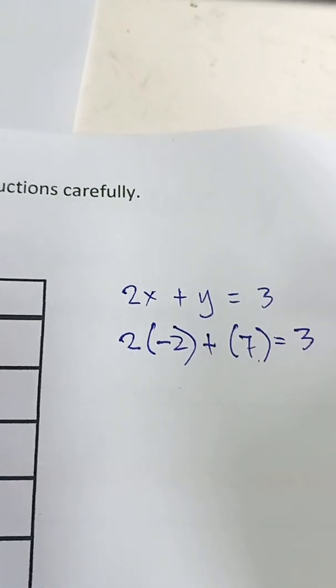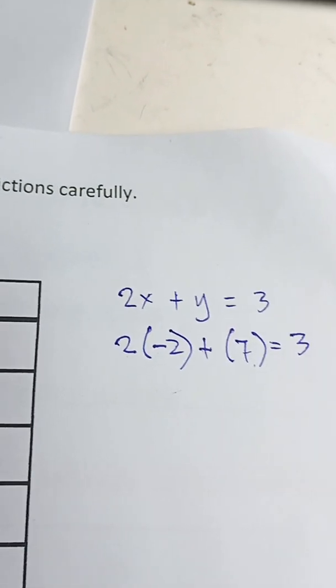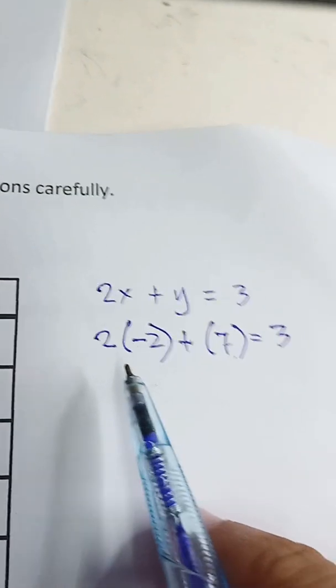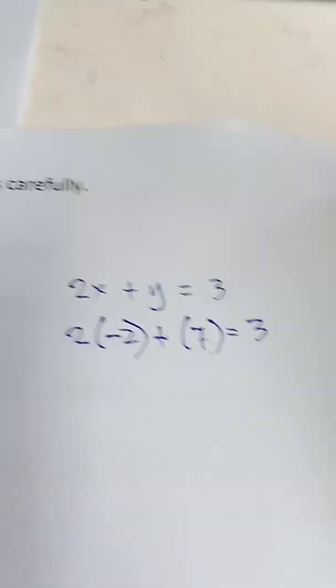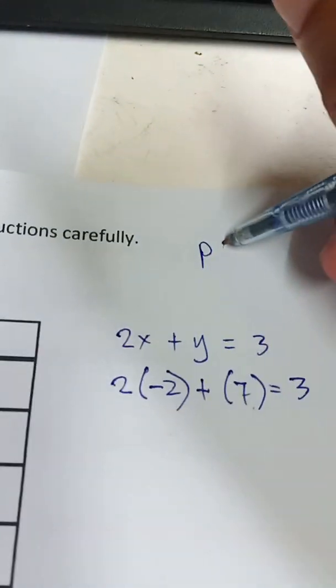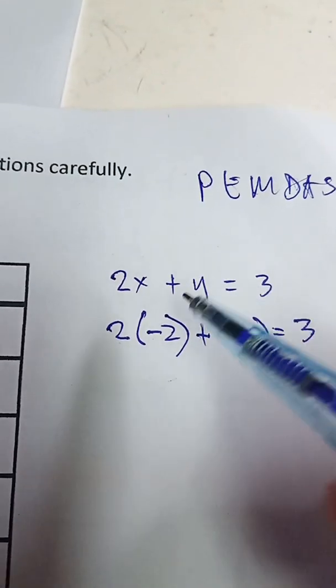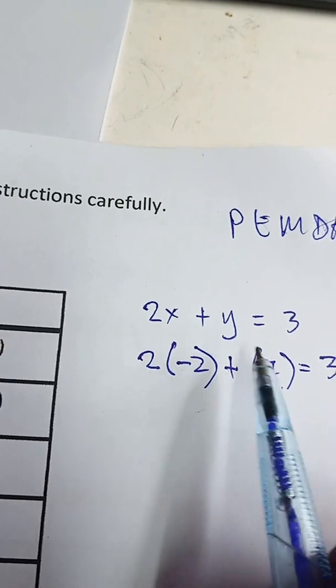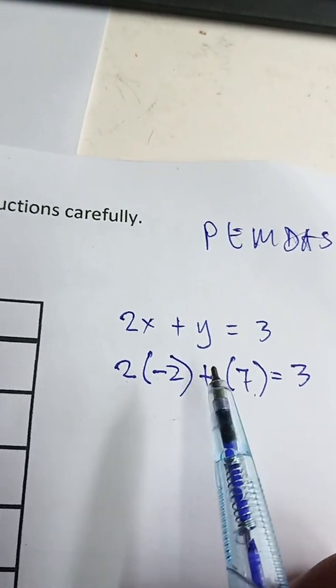Okay, remember that this is an equation. We are balancing the equation. Okay, so let's use the PEMDAS or the rule of operation or the order of operation. Ito yung gagamitin natin kapag marami ng operation yung involved. As you can see here, we have multiplication, we have addition.